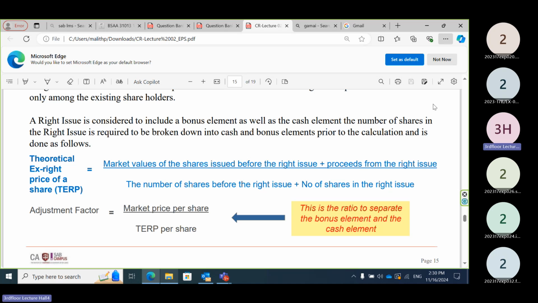Basic EPS equals profit after tax divided by weighted average number of shares, which is 6 million divided by 500,000 shares plus 29,000 plus 71,000 into 6 divided by 12. Right? This is the basic EPS after the right issue.